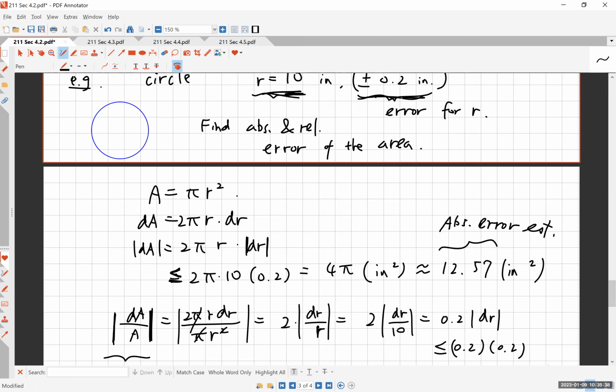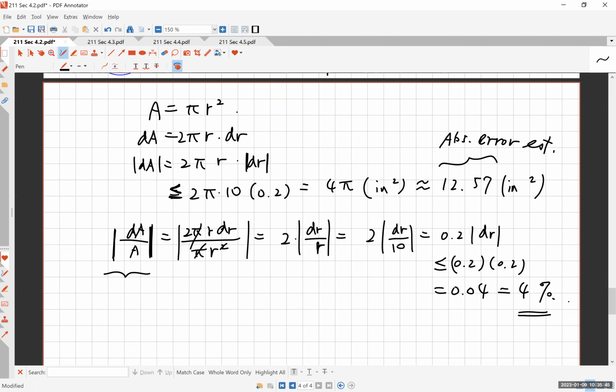So if the radius measurement is off by 2%, it could cause a relative measurement error of 4% in terms of the area, and that's because the area is a two-dimensional object relative to r. So this is the relative error estimate. This is what you can use the differentials for.